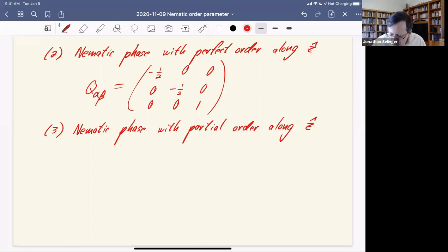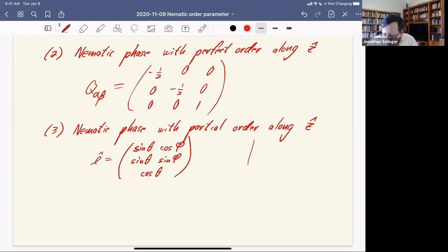So for each of the unit vectors, we could write it in spherical coordinates as L is sine theta cosine phi, sine theta sine phi, and cosine theta, where theta is the angle down from the z-axis.